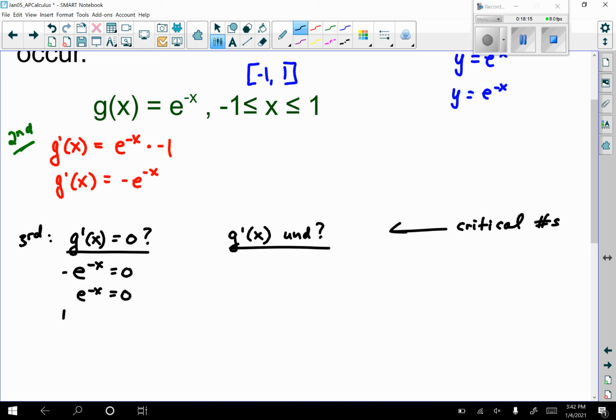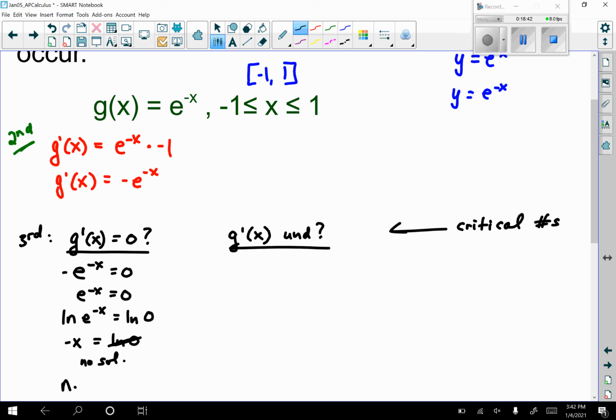We could take the natural log of e to the negative x is equal to the natural log of 0. Now this will just become negative x times the natural log of e, which is 1, is equal to the natural log of 0. But real quick, go ahead and type in the natural log of 0 on your calculator. It's undefined, isn't it? So here we would just get no solution because of this part right here.